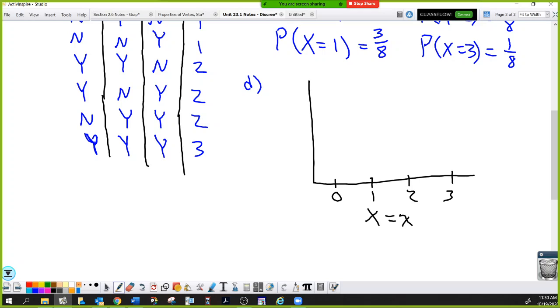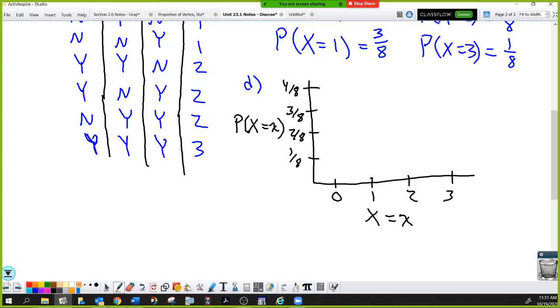Yes, I did. And the probabilities are either 1/8 or 3/8. So I just went 1/8, 2/8, 3/8, 4/8. And these are the probability that capital X equals fancy X. And legitimately, you just draw some bar graphs.